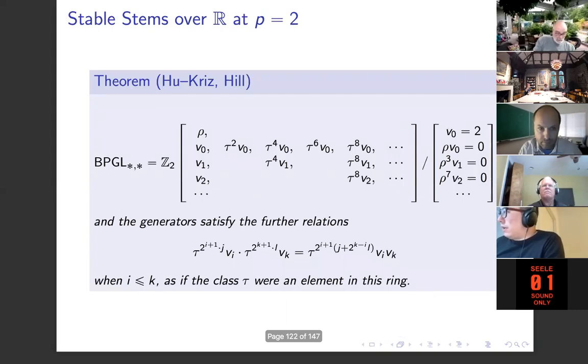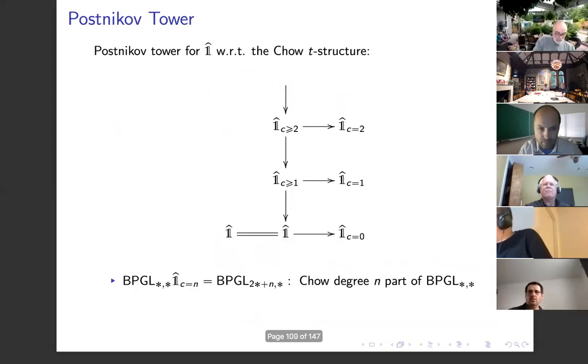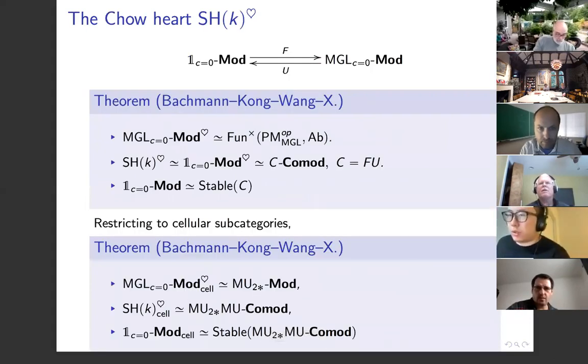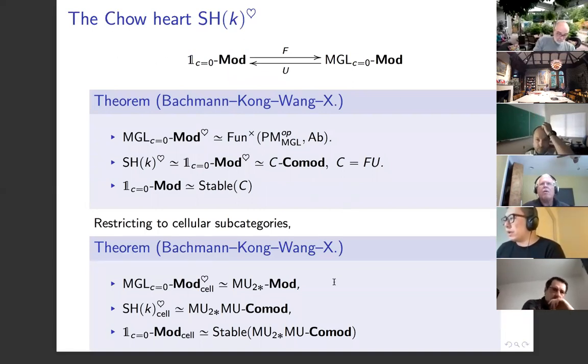I learned from Tom Bachmann that it's very closely related to the weight work done by Bondarko for this MGL sequence zero part. I don't know precisely the connection there. The reason we can do computations is that in the end we work in this derived category of comodules, and it especially works well over the cellular case. Thank you.